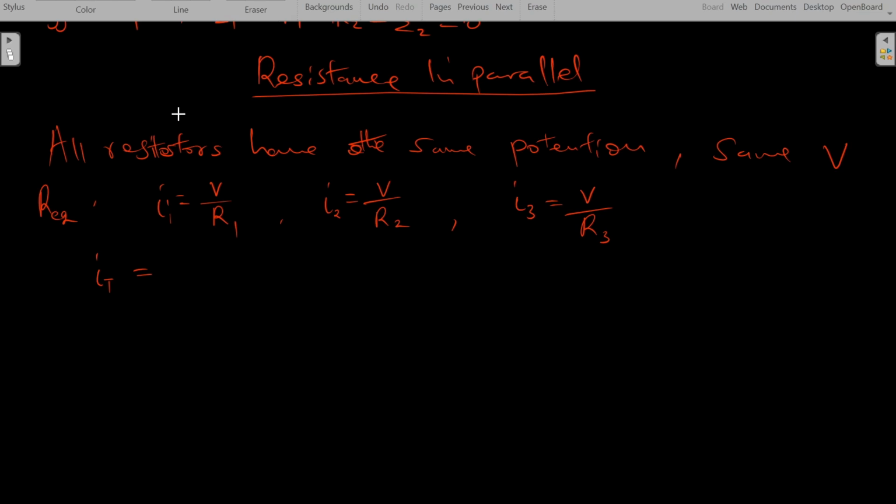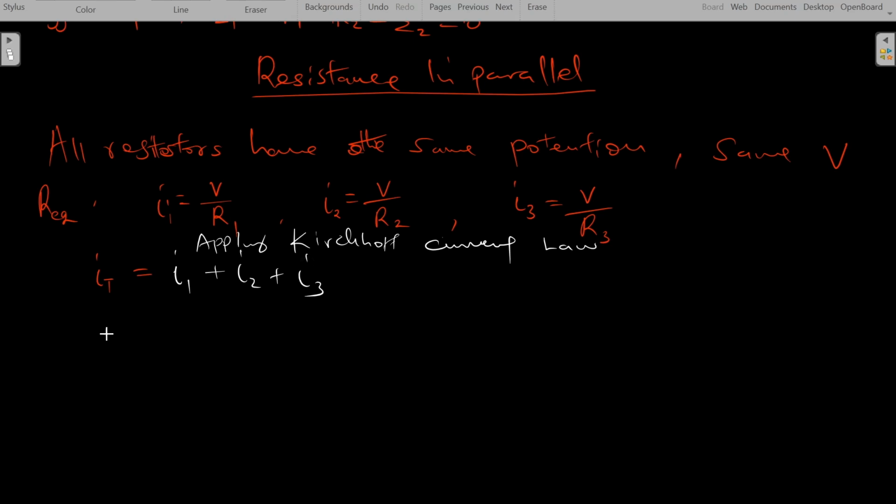For us to get the total current, now applying Kirchhoff's current law, it says the total current entering a junction should be the same as the total current leaving the junction. So the total current here will have to add. We add the first current to the second current, and add that to the third current.